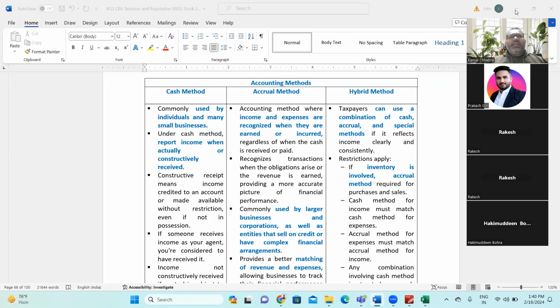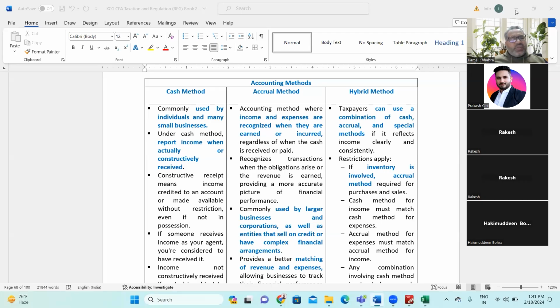The hybrid method is a mix of both the cash method of accounting and the accrual method of accounting. In a hybrid method, you may recognize your income and expenses on a cash basis, but at the period end, you may record your receivables and payables. You may record your depreciation. You may record your inventories also, in addition to the cash basis of accounting.